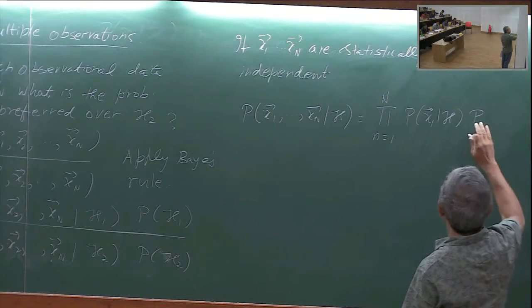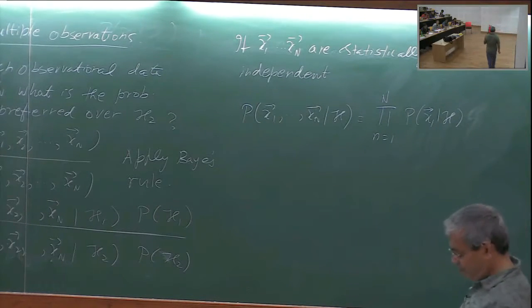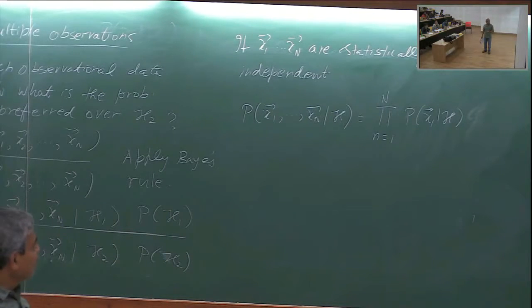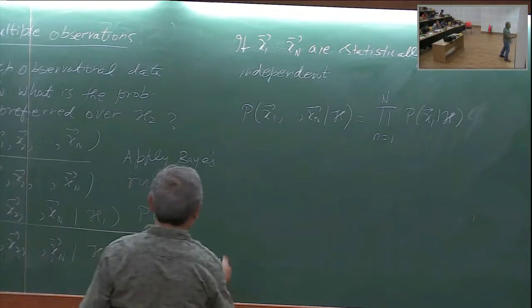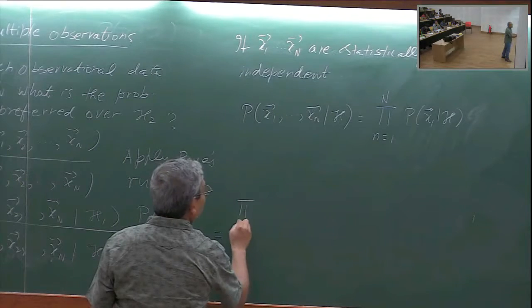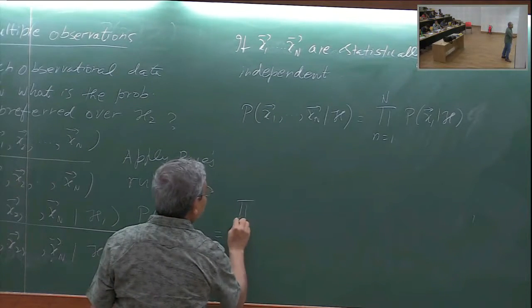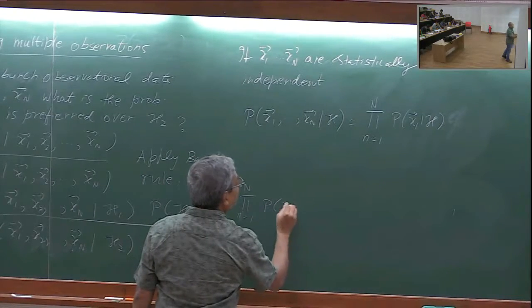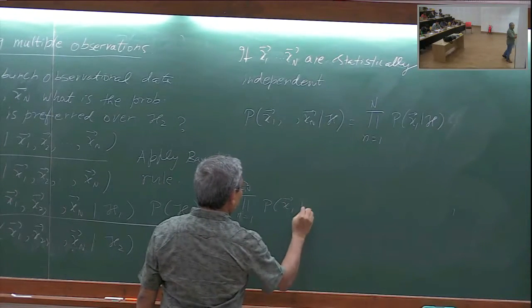That's it. So we can put that back in over here to rewrite this as the product for n equal to 1 to capital N of P of xn given h.